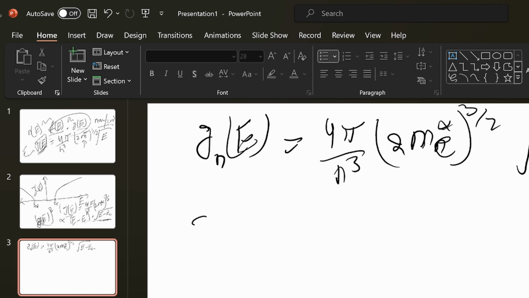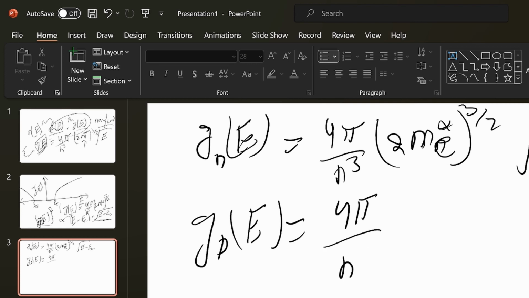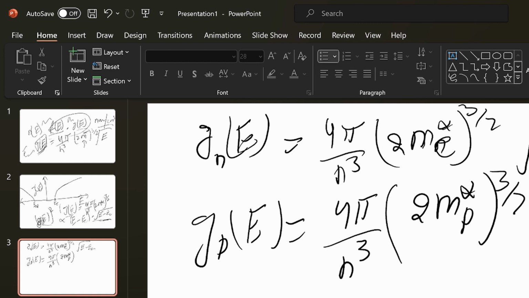And g_p, the density of states for the holes, is equal to 4π/h³ into (2 m_p*)^(3/2) and the square root of Ev minus E.